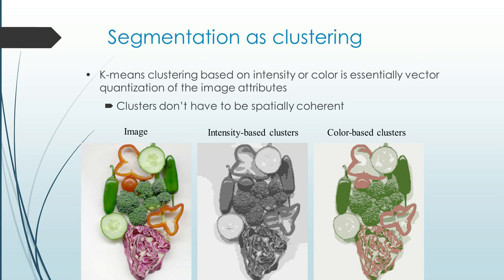For example, they don't have to correspond to a particular object to be in the same group. So let me explain what I mean. For example, we have an image, and we use intensity based clusters, as we can see here. Some of the clusters sometimes correspond to different objects, because sometimes they are far away. And even though they correspond to the same object, they are not exactly the same.